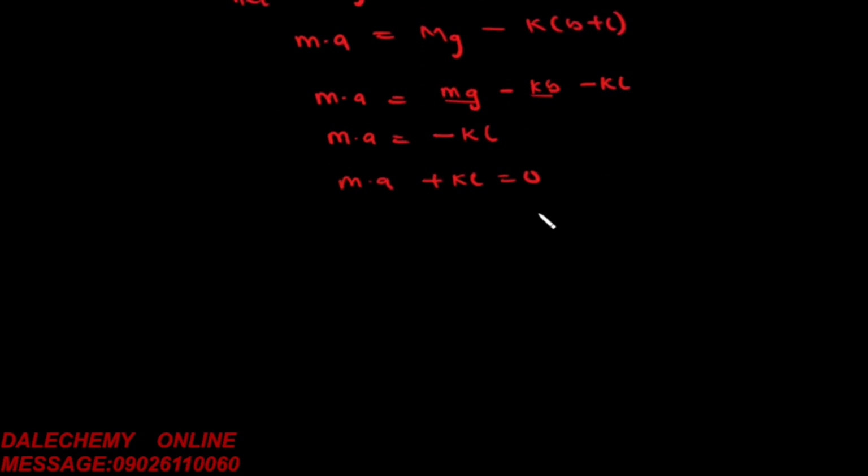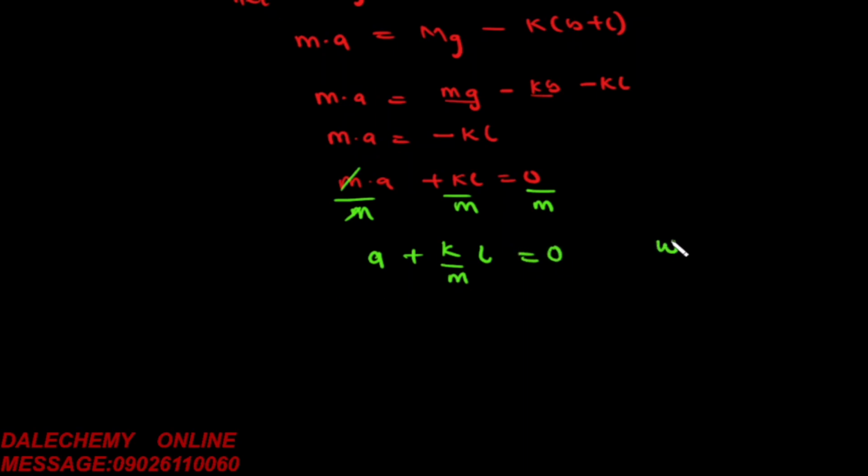Now you can divide both sides by m, so m will cancel m. We have a plus k over m L equals 0.